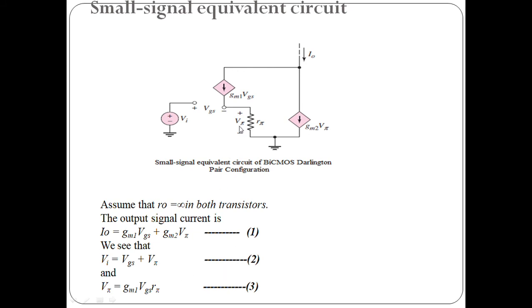From this circuit, I can write V pi as the current I flowing through the resistor r pi, so V pi equals I into r pi. I is gm1 into VGS, so V pi equals gm1 VGS into r pi. That is equation number 3.